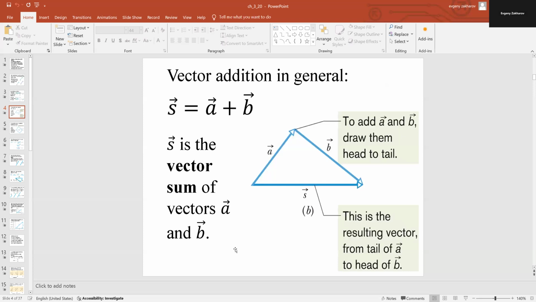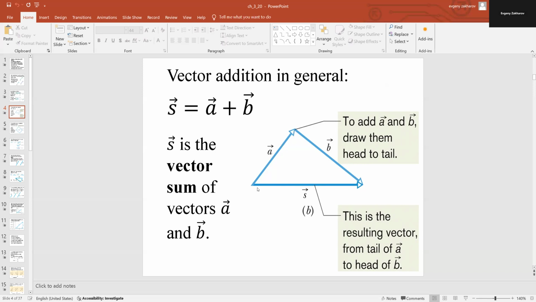Now, this is the general rule. I've already mentioned that you have the first vector A, and then you have the second vector to add to A, which is B. The first method to do so is called the triangular method, and I'm pretty sure you can see why, because you get a triangle as a result.